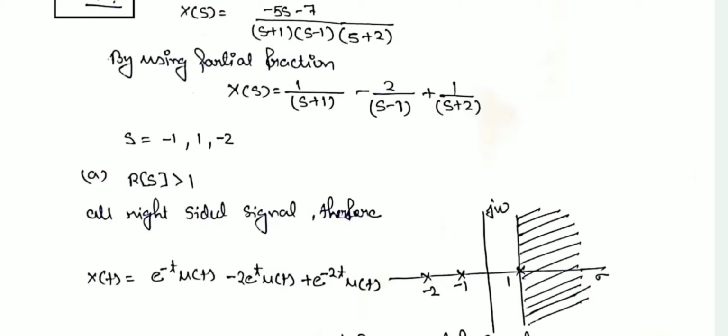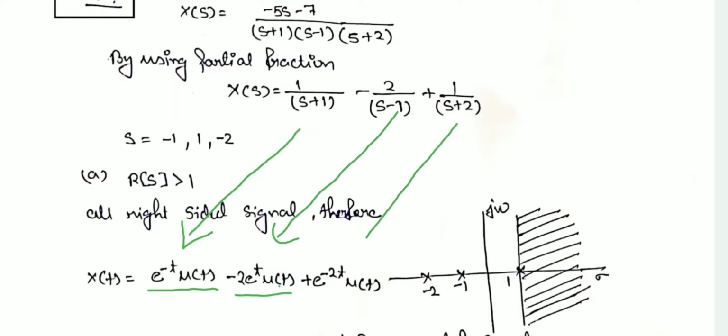The inverse Laplace transform of this signal is e to the power minus t ut, minus 2 e to the power t ut, plus e to the power minus 2t ut, and the common ROC is sigma greater than 1. Therefore, with poles at minus 2, minus 1 and 1, the common ROC is greater than 1.